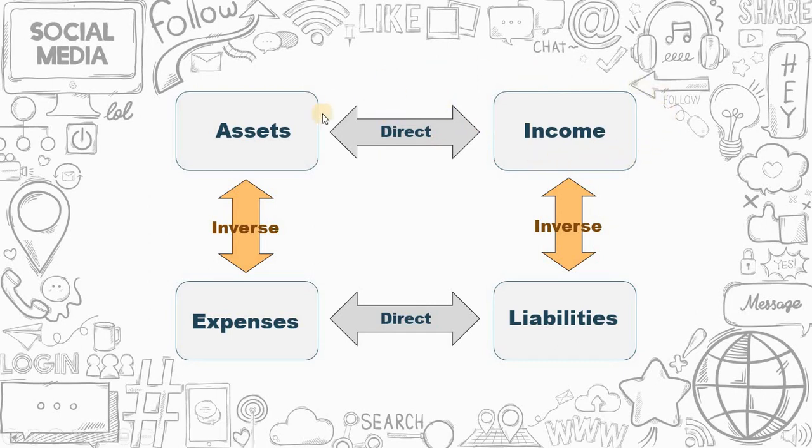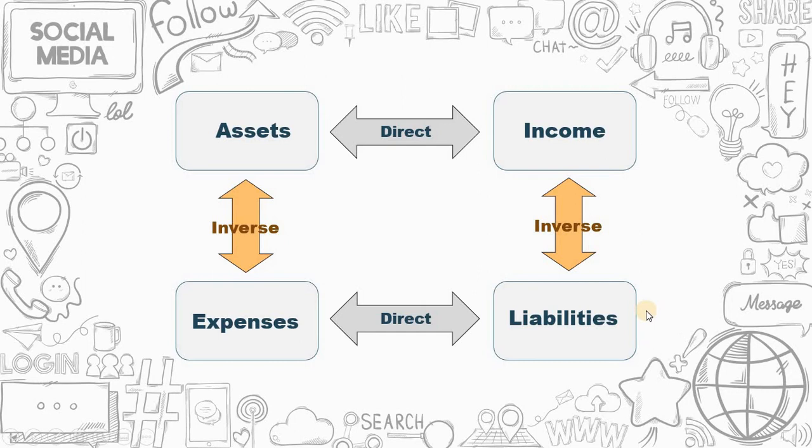So they have a direct relationship, which means that if an asset is overstated, the related income is also overstated. And if an asset is understated, it means that its related income is also understated. So a similar relationship applies to expenses and liability. So both these accounts have direct relationship.